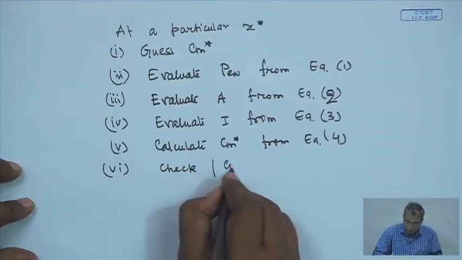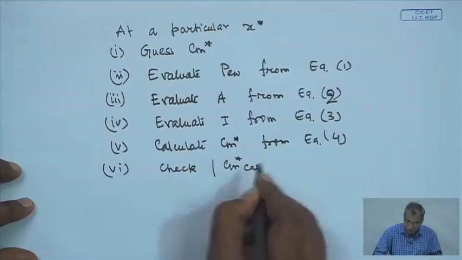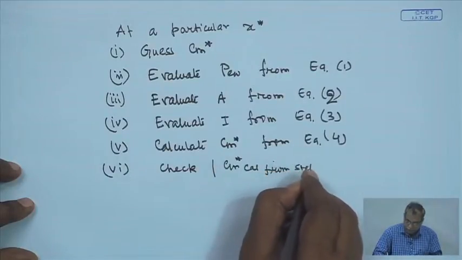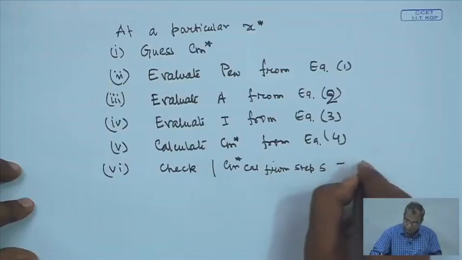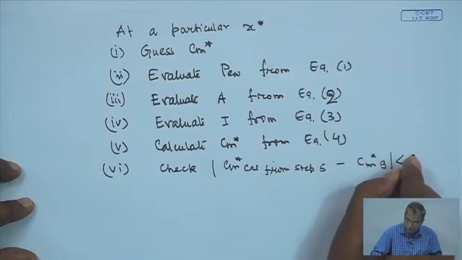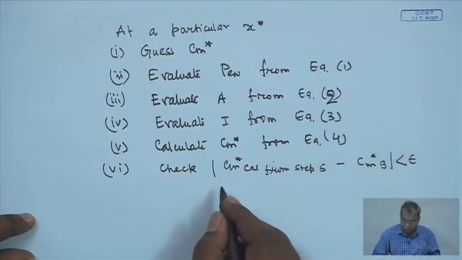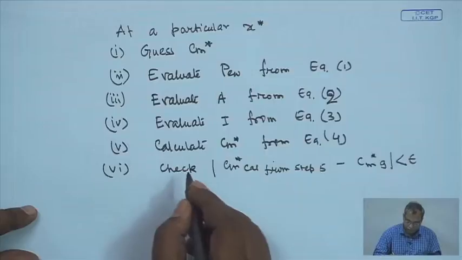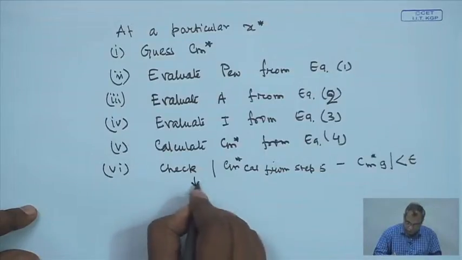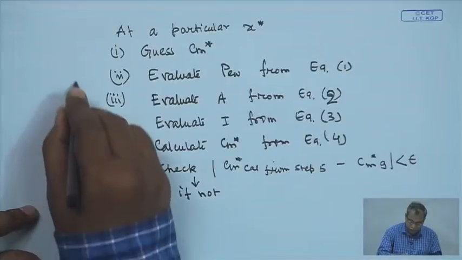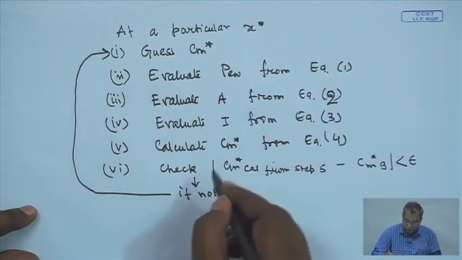the absolute value of Cm star calculated from step 5 minus Cm star guess is less than epsilon. This epsilon can be a small number. If it is not, then we have to guess another value of Cm star and carry out this loop.